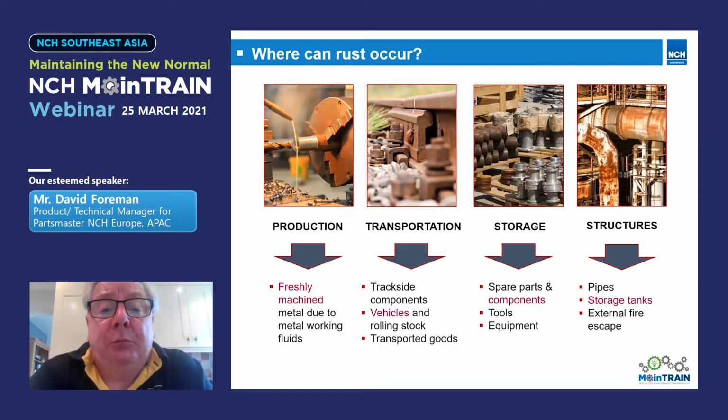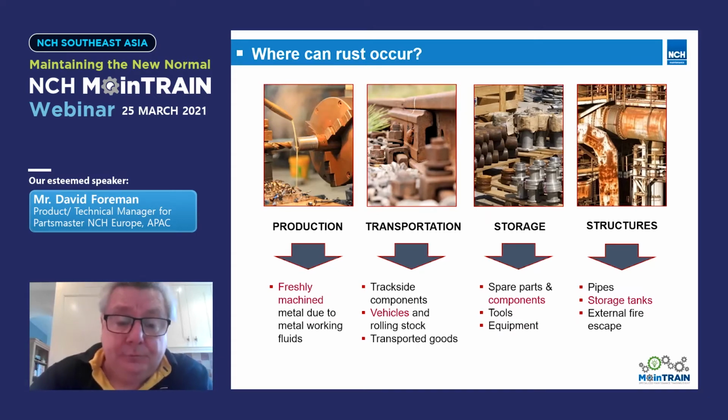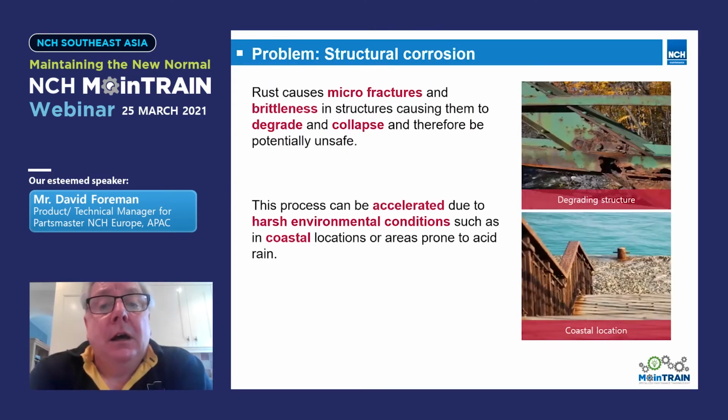It can occur in production. It can occur in transportation. It can occur in storage of metal parts. And also, most importantly, it can occur on structures. Rust causes microfractures and brittleness, and if left and not treated, eventually the component, the structure can completely collapse and fail.